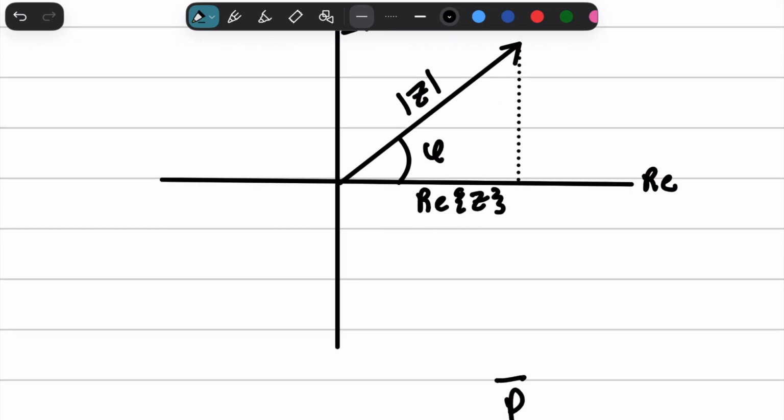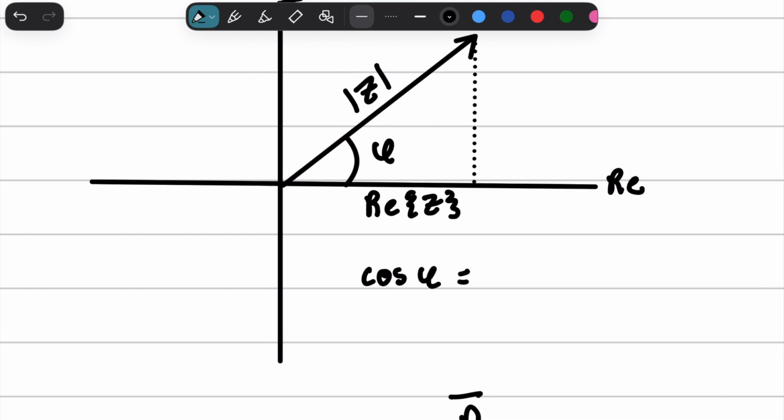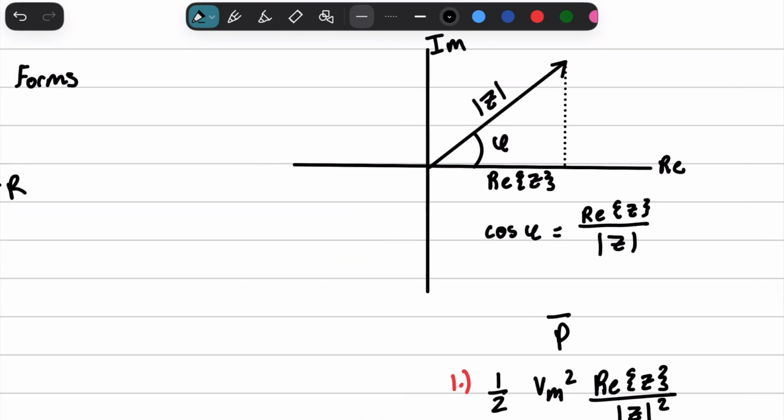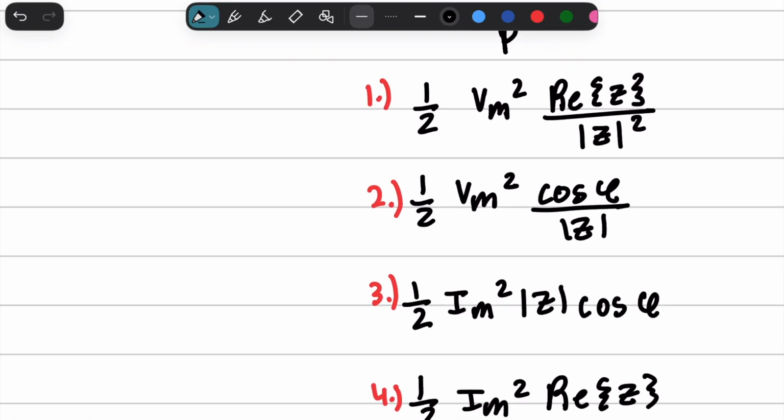Okay, and so this ratio right here gives us cosine phi is equal to the adjacent over the hypotenuse.